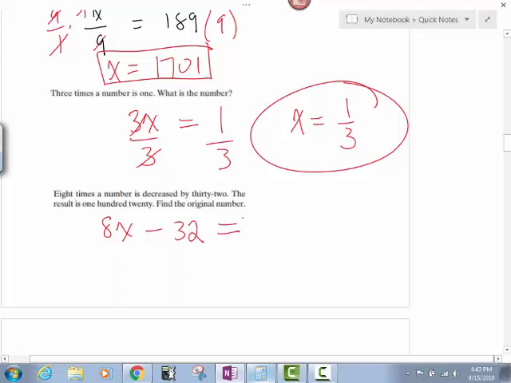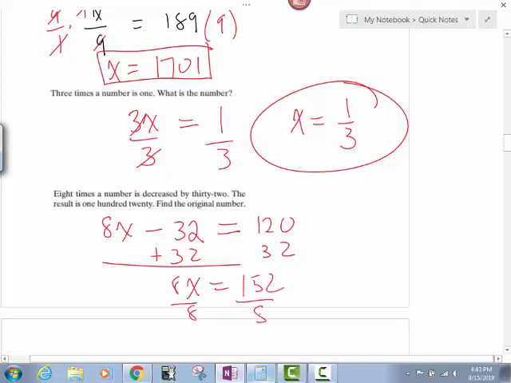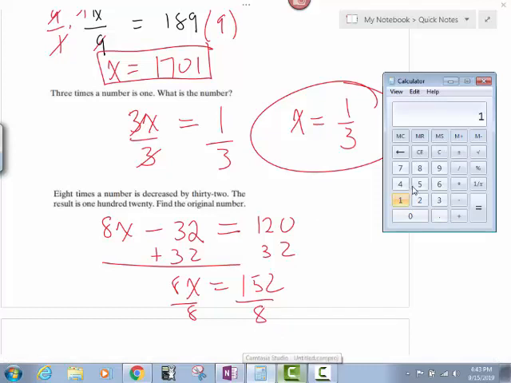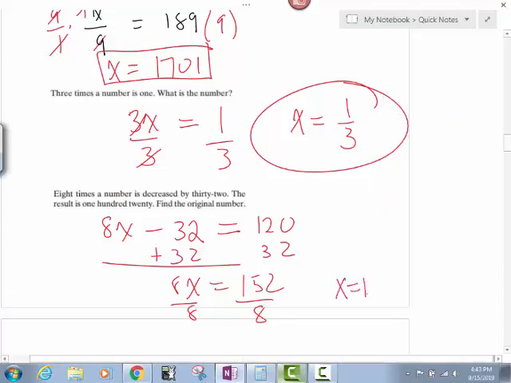The result equals 120. Find the original number. Well, let's add 32 to both sides. So we get 8x equals 152. We can divide both sides by the number 8. So 152 divided by 8 is 19. There's our original number.